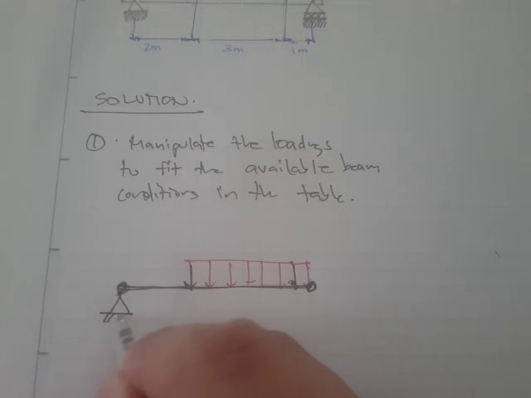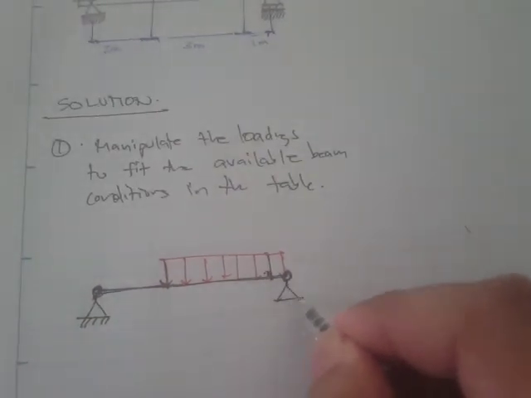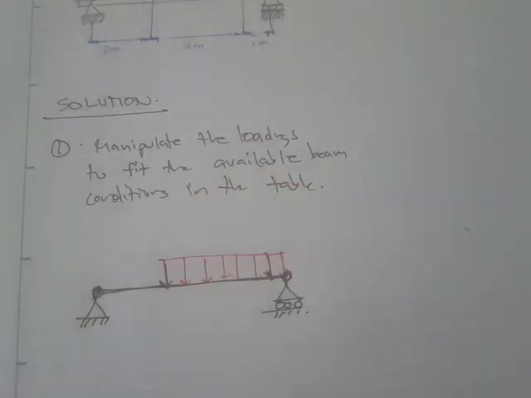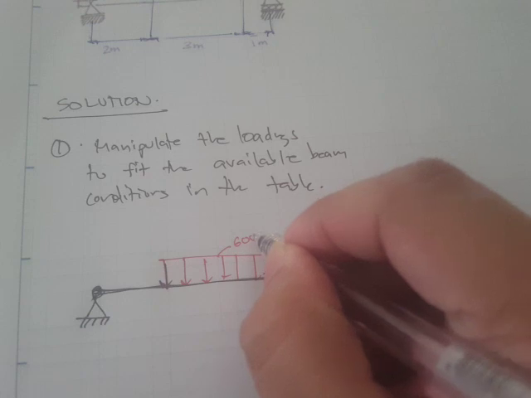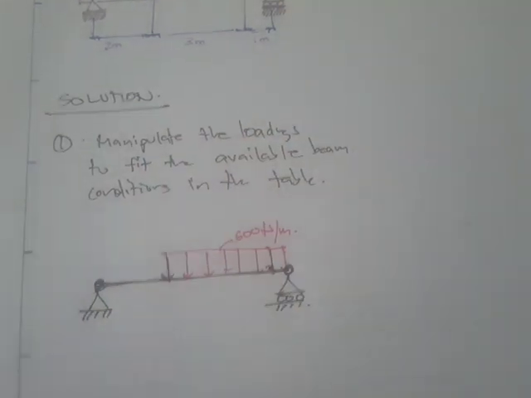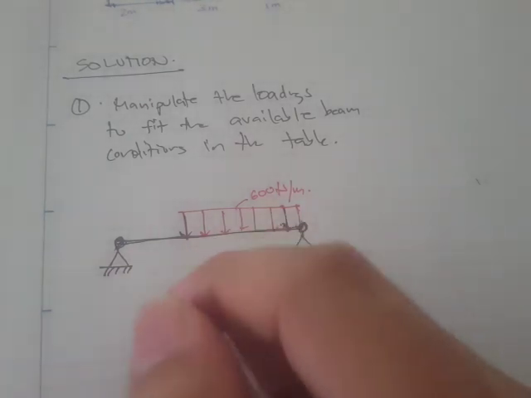So here's our pin support, and here's our roller support, right? And this one is 600 Newton per meter. Now let's label the distance.